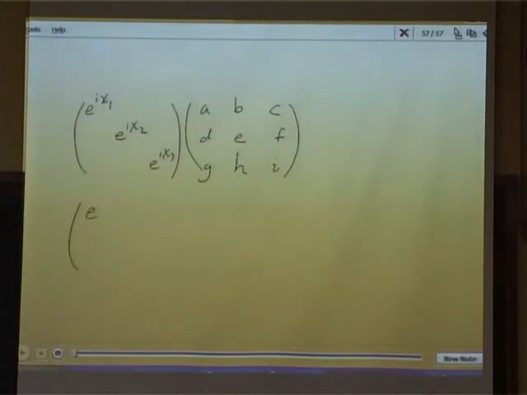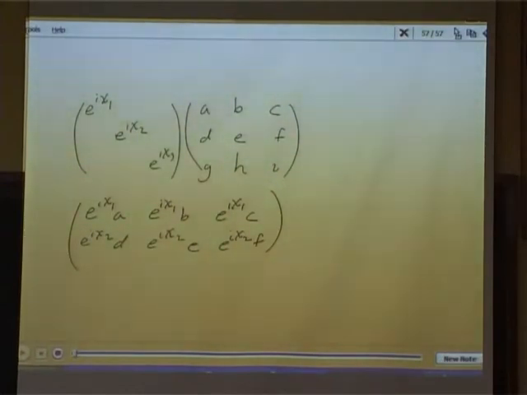So this is e power i chi1 times a, e power i chi1 times b, e power i chi1 times c, and so on for the other rows. So this phase multiplies the first row, this phase multiplies the second row, and this multiplies the third row.